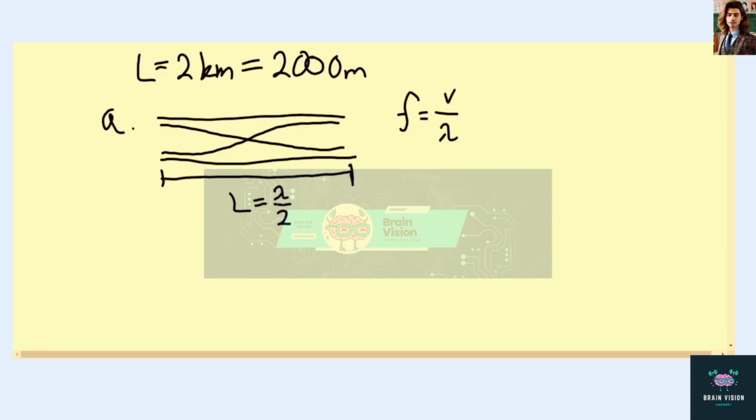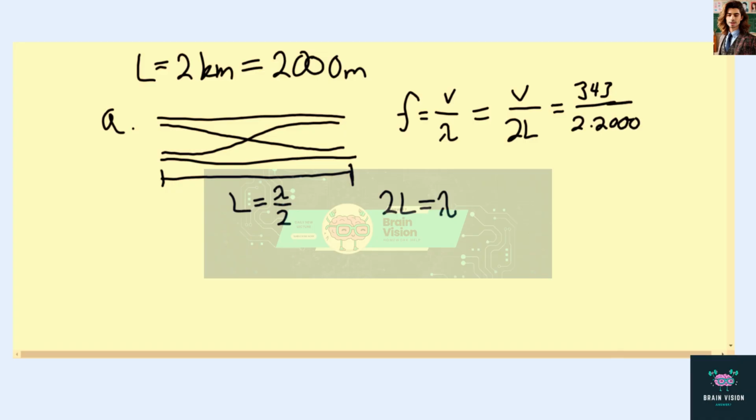So that means that twice the length of the tunnel will be equal to the wavelength. So then we can say that v over 2L is the fundamental frequency. And v is just 343 meters per second, since the problem didn't tell us anything different. And then 2 times 2,000 meters.